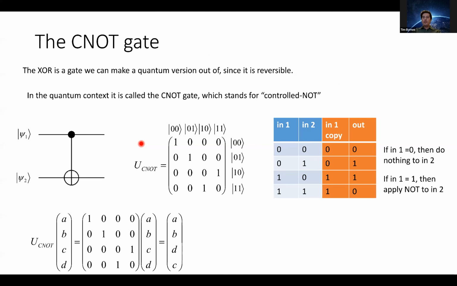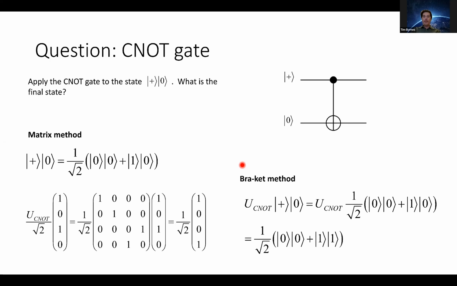According to the convention of this matrix, 0, 0 is the first one and 1, 0 is the third one. So we need a vector which has 1 in the first and third spots, here and here. Then we do a matrix multiplication with the matrix that I wrote, and it's like this.